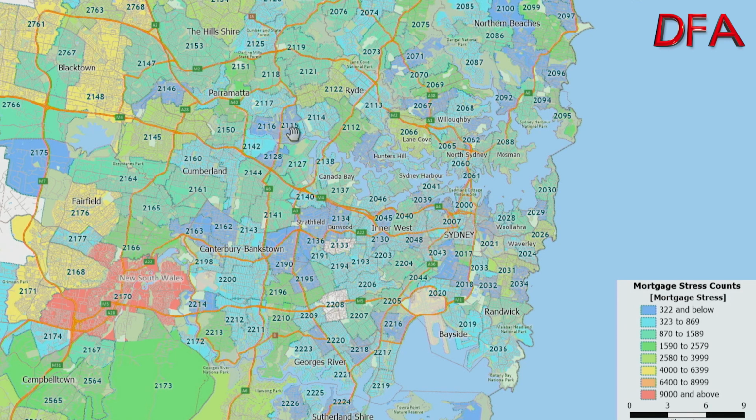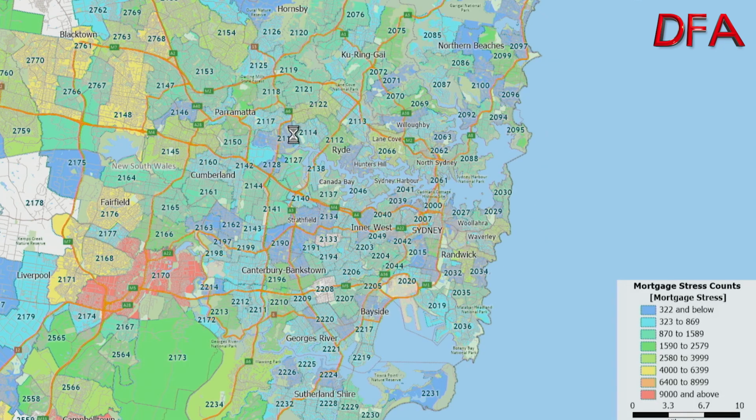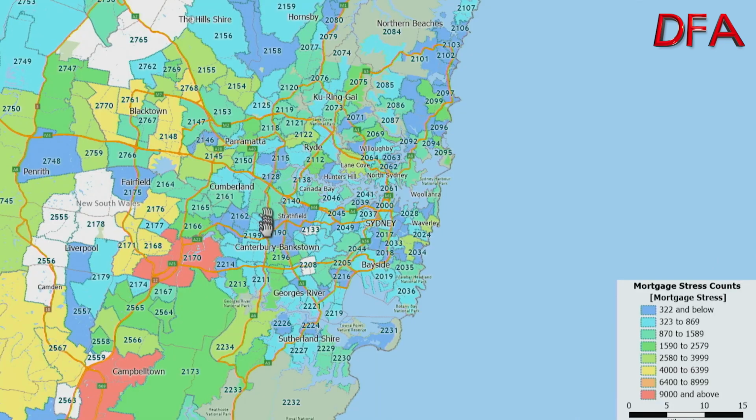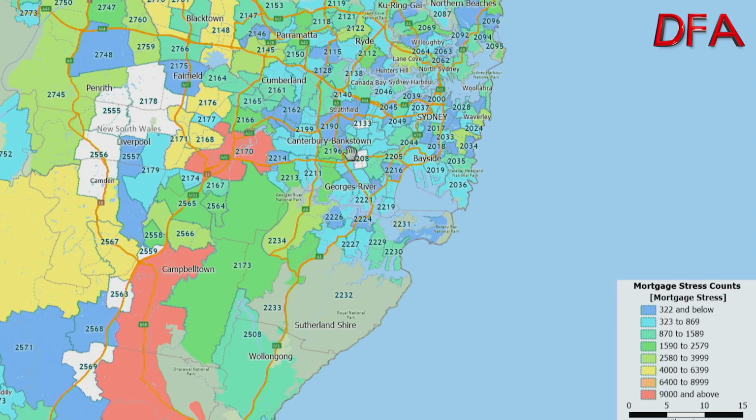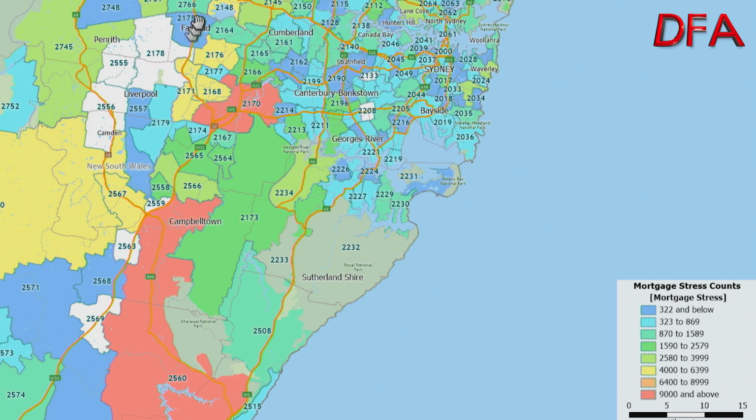You saw it in the individual examples, but this is also the broader map. And as you pull out further, you can see the same old, with places like Campbelltown and Liverpool and Fairfield.